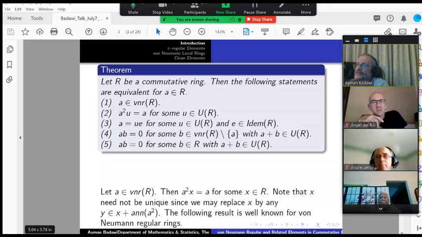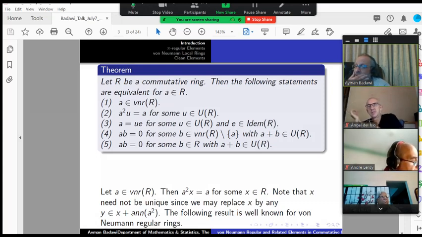You can select y to be x plus an element of the annihilator of a squared, then definitely a squared y equals a, all right? So this x need not be unique in general.